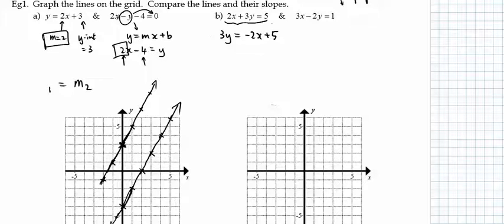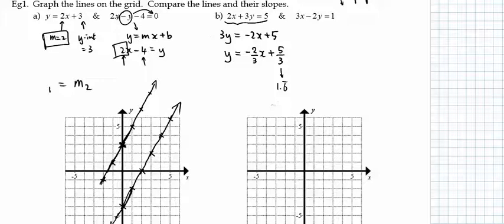Single out the y and keep it on the left-hand side. We will now end up with a negative slope in this case, negative 2 over 3. This line is to go downhill, starting from the y-axis at 5 over 3, or technically, 1.6 repeating.